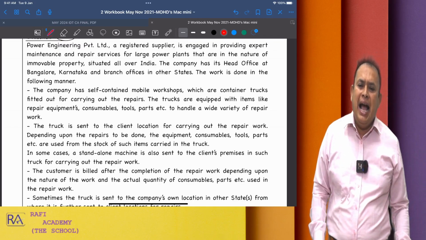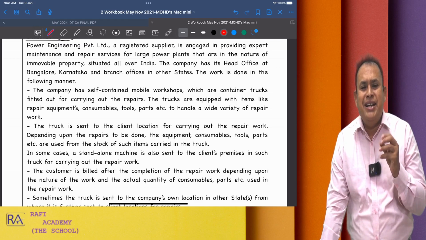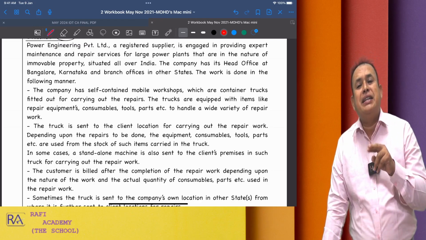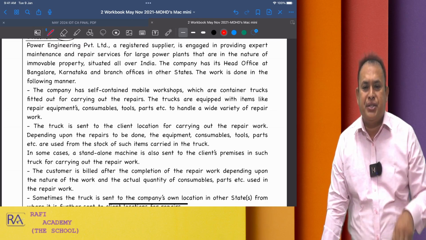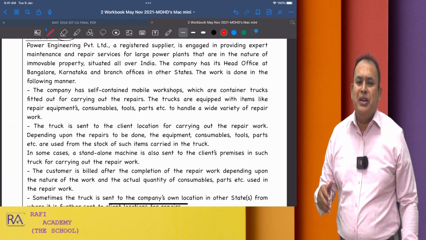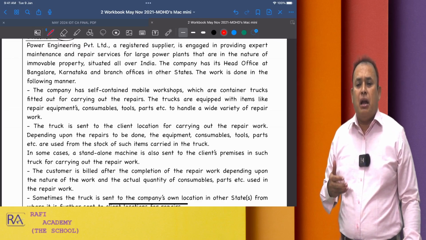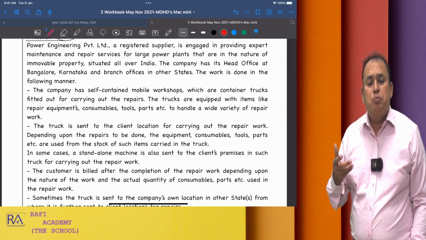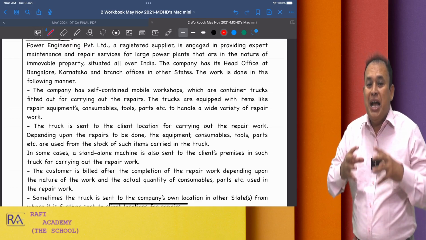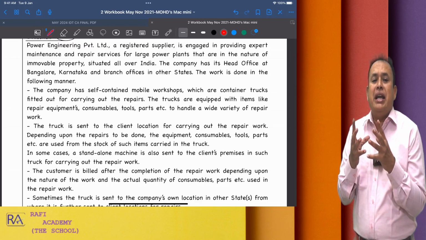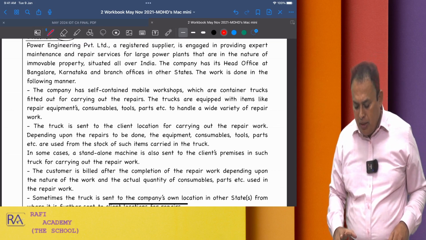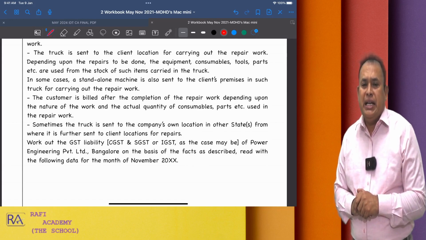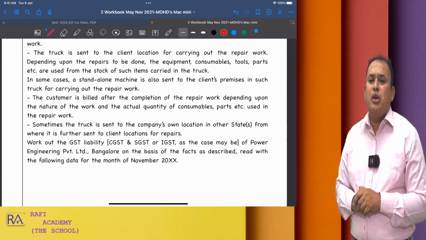The work is done in the following manner. The company has self-contained mobile workshops, which are container trucks fitted out for carrying out the repairs. The trucks are equipped with items like repair equipment, consumables, tools, parts, etc., to handle a wide variety of repair work. The truck is sent to the client location for carrying out the repair work.